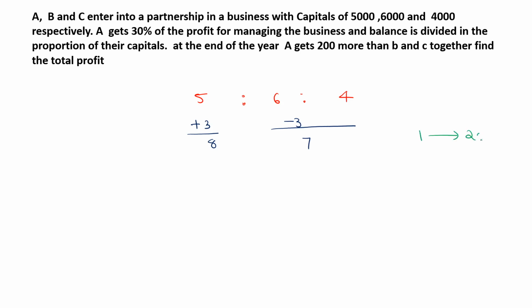When the value of 1 unit is 200 and we need to find the total profit, the total profit is the sum of 8 plus 7, that is 15. When the value of 1 unit is 200, then the value of 15 units would be 3,000. And that is what we need. 3,000 is the total profit.